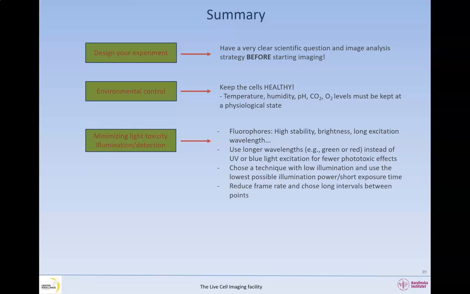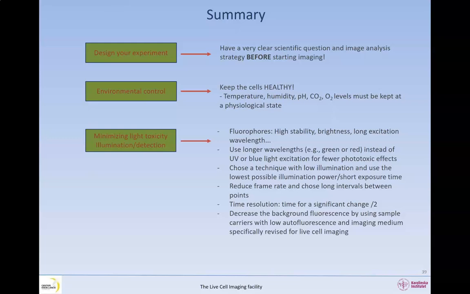Reduce frame rate and choose long intervals between points. Also remember that the Nyquist sampling theorem works for time as well. Decrease the background fluorescence by using sample carriers with low autofluorescence and imaging medium specially revised for live cell imaging.